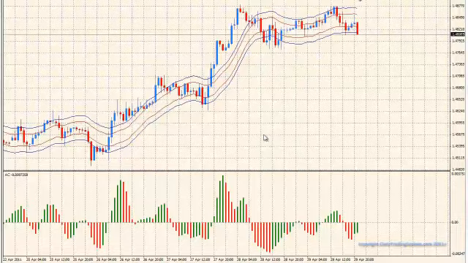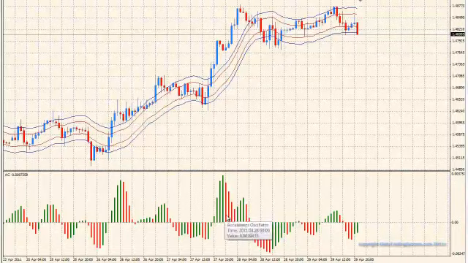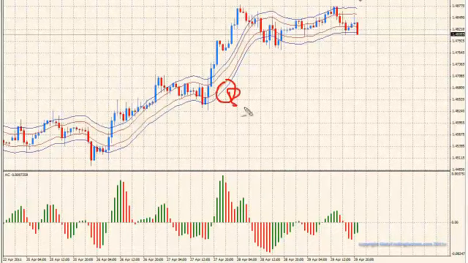The two indicators that we're using are the envelopes and the accelerator oscillator. We have two upper bands and two lower bands, and I've given them two different colors. What we're looking for is a candle. The lower band area is for buyers and the upper band area is for sells.